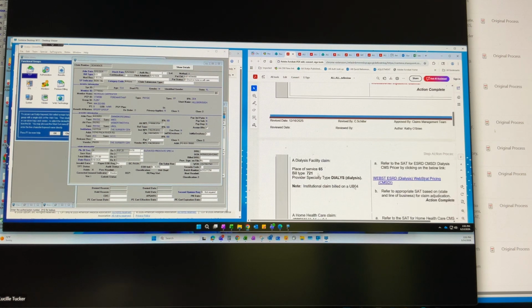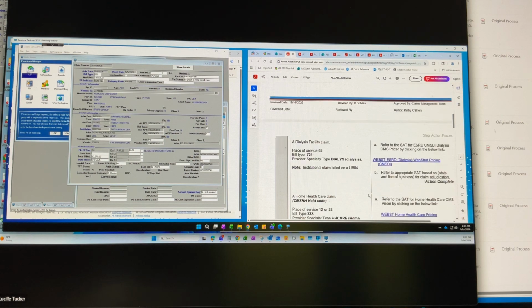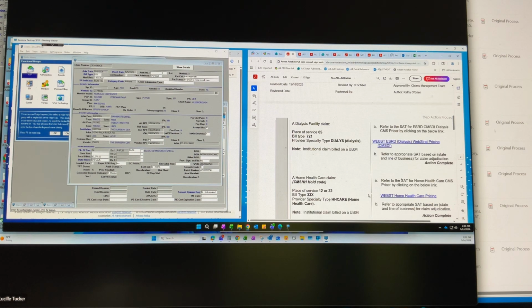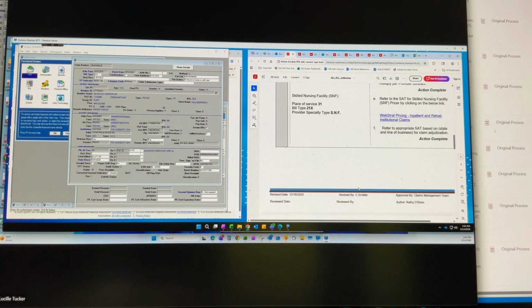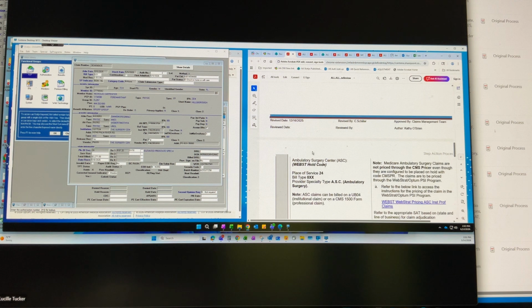It'll tell you if you pulled the wrong one. But if your place of service is just 22 or 23, you use the ASC. That's kind of the default one. So it doesn't tell you in here. I'm just telling you because you're going to be like, I don't know what to do. Where do I go? You just go to the ASC.